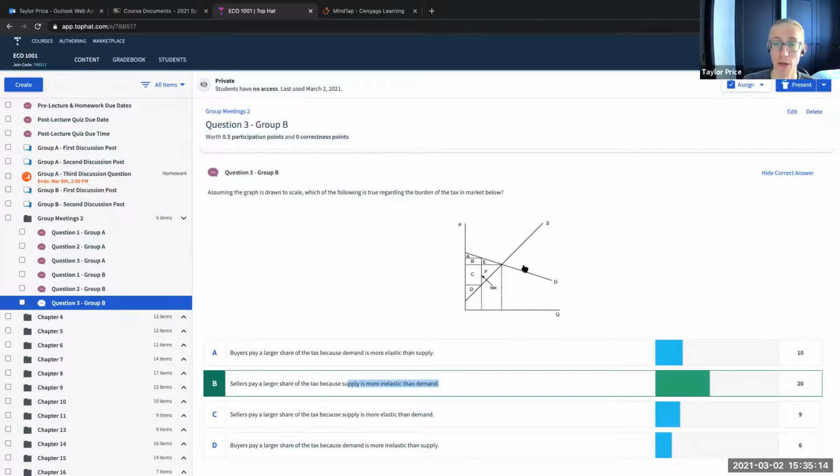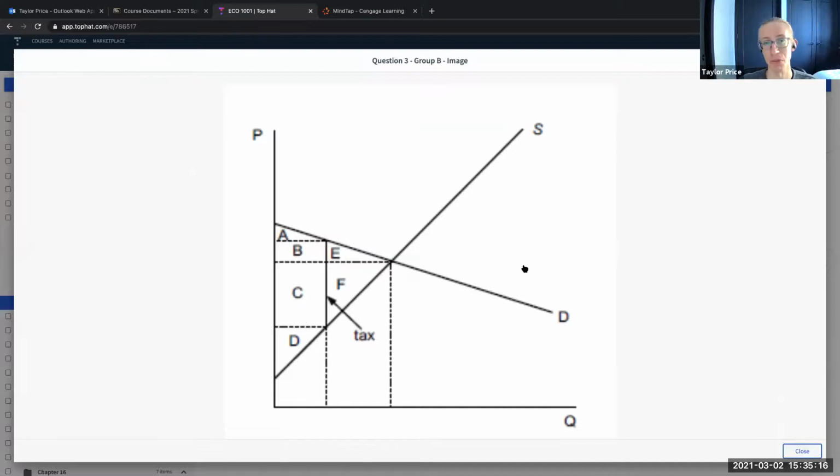Also, if you didn't want to deal with that because it's too complicated, you can just look at the graph. Let me draw that. The chunk right here is all of the producer or seller burden of the tax, versus this smaller chunk right here, which is the consumer tax burden.